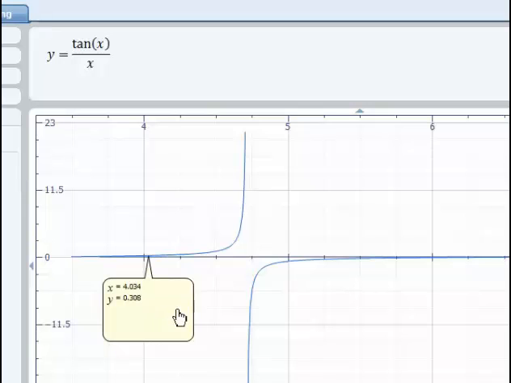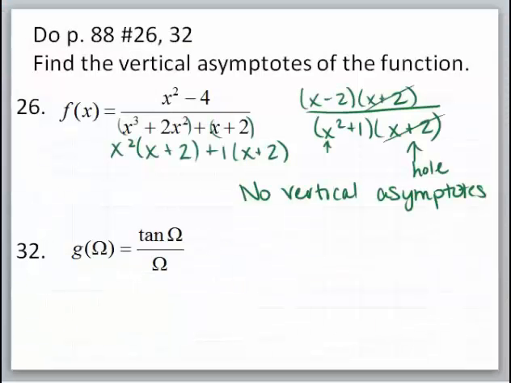We know that trig functions are periodic and they're based upon pi and pi over 2. So the answer that I can write very quickly is that there are vertical asymptotes at pi over 2 plus n times pi.